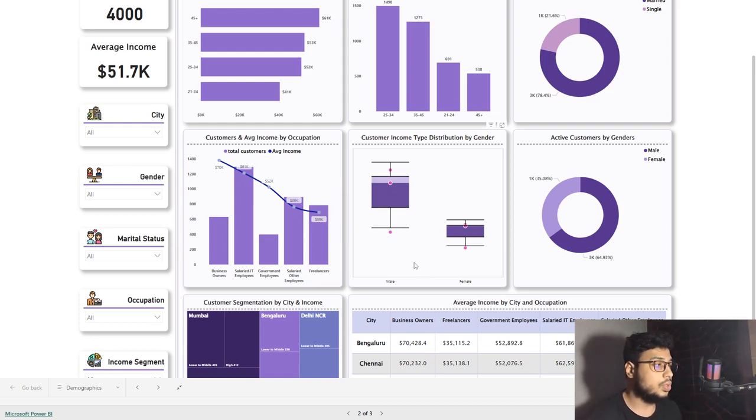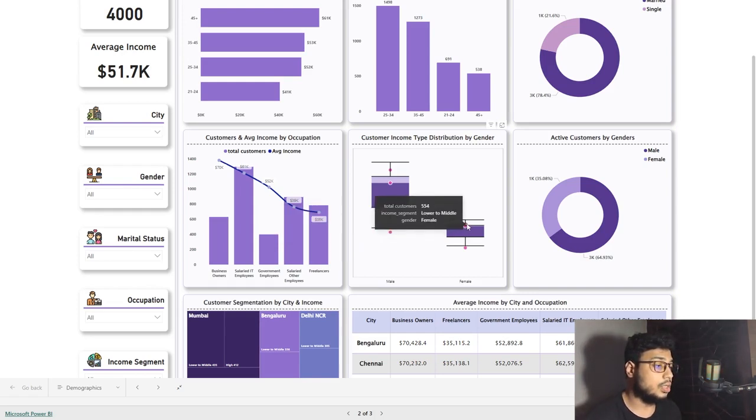And then we also visualized a box plot to show the distribution of income type by gender. These two box plots are showing for each gender. This is the male. We see that males have more income than females, and if you hover on the pink dots, you will see that the lower to middle income segment has the most male customers, and the middle to upper middle income segment has the least.